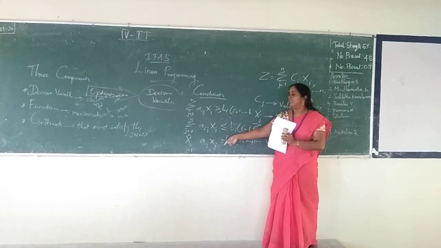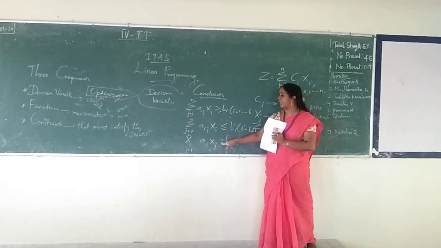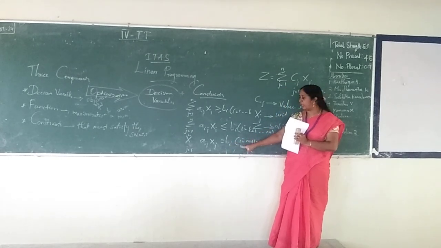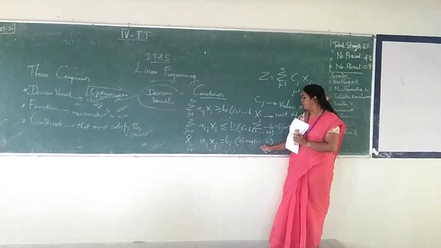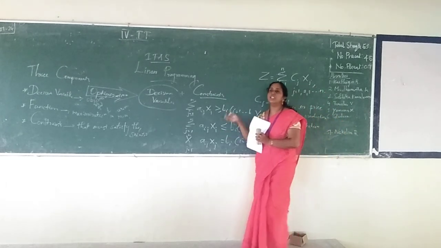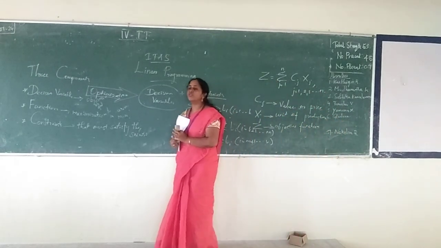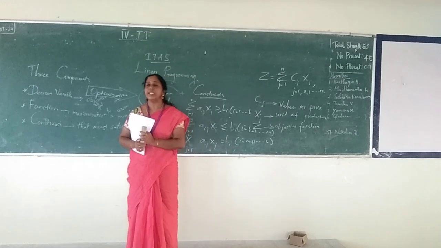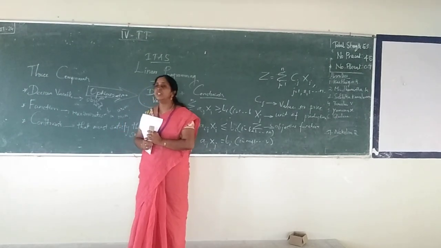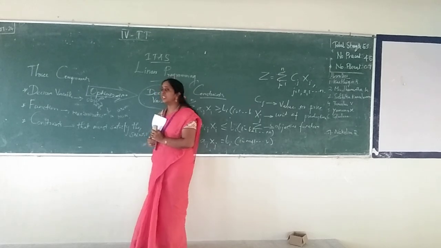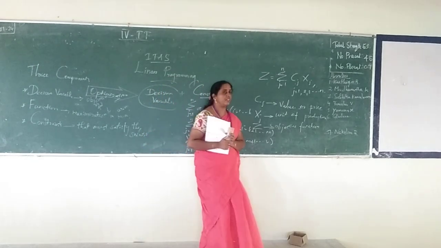Like that again, sigma j equals 1 to n aij xj equals bi for i values m plus 1 to b. So these are the three constraints that are used in this linear equation. So the linear equation can be written by using three components: decision variable, function, as well as some constraints.